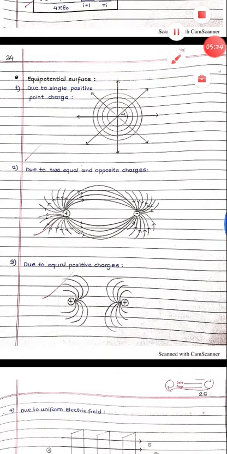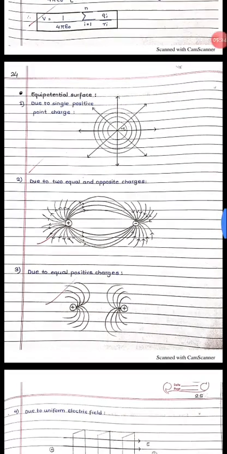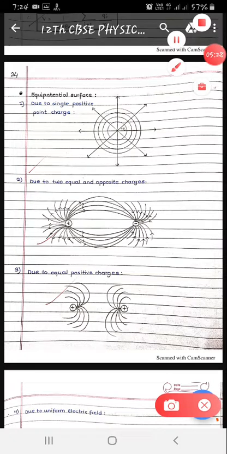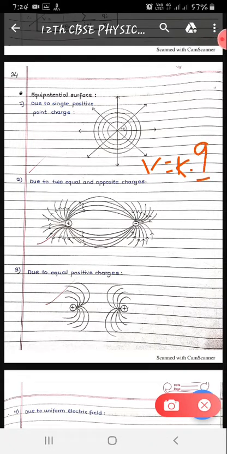As we know the electric potential formula, V is equal to 1 upon 4 pi epsilon naught, that is K the constant, times Q upon R. It is very clear that electric potential is inversely proportional to distance. Clear?